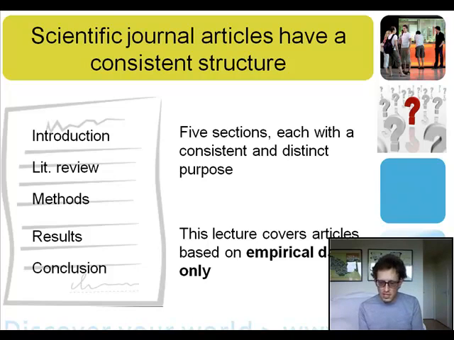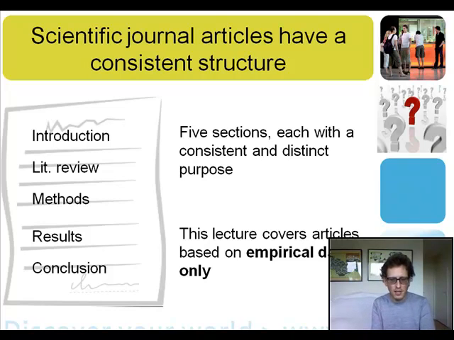Now, you might see scientific journal articles that look completely different because, for example, they are only based on making an argument from research that has been done previously, or they criticize a particular point of view.